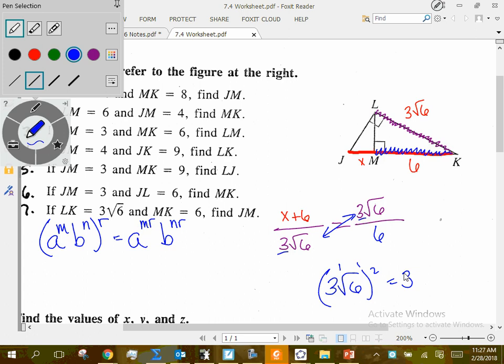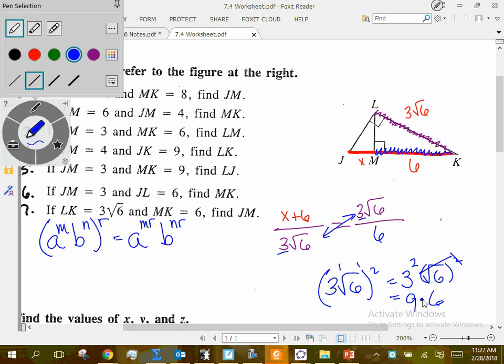So I get 3, 1 times 2 gives me 2, so there's 3 squared. And I get radical 6 squared as well. A couple different ways we can actually view that, but what's 3 squared? 9. What happens is the power 2 and the square root, the words escaped me there for a minute, they cancel.